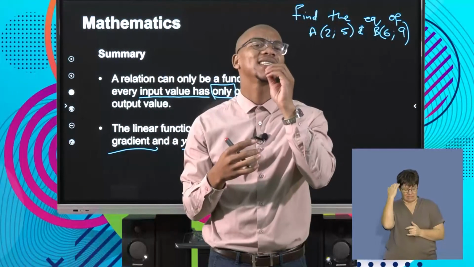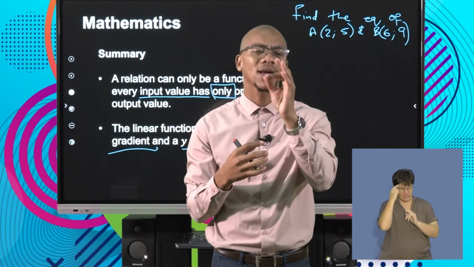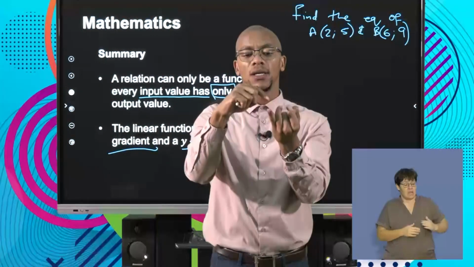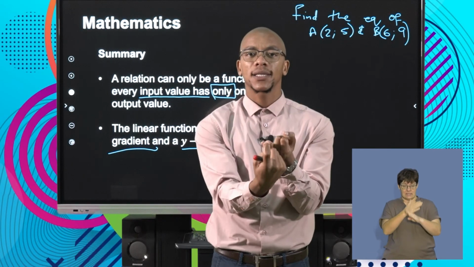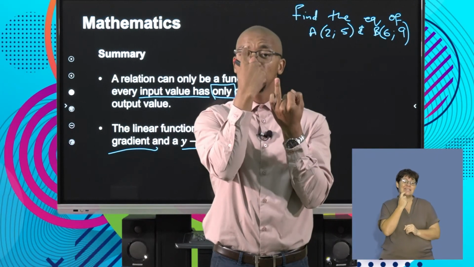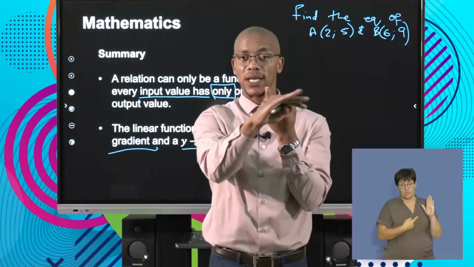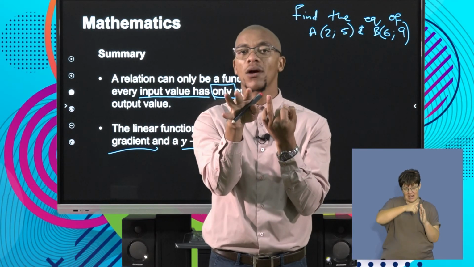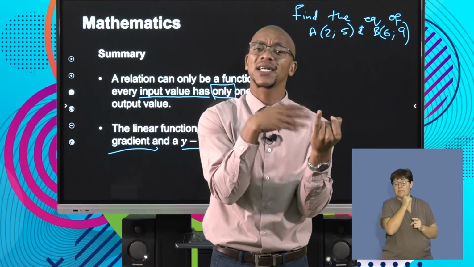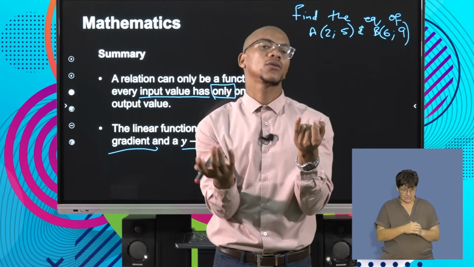I need you to please think about that and think about it carefully, right? Remember I said the two most important things are what? The gradient and the y-intercept in terms of a linear graph. The y-intercept, it's easy to see it on a graph, right? When I gave you the Cartesian plane and drew the graph. The gradient, whether it's a graph or it's points, it doesn't matter because you always need to calculate it.